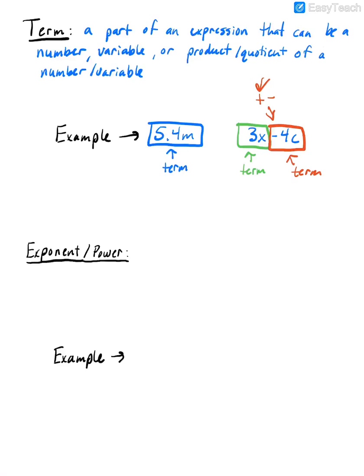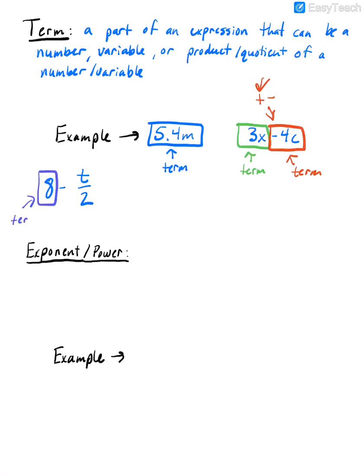Now, to kind of incorporate the quotient idea, these were all like products. So let's say if I had another algebraic expression that was 8 minus t divided by 2. 8 would be a term.